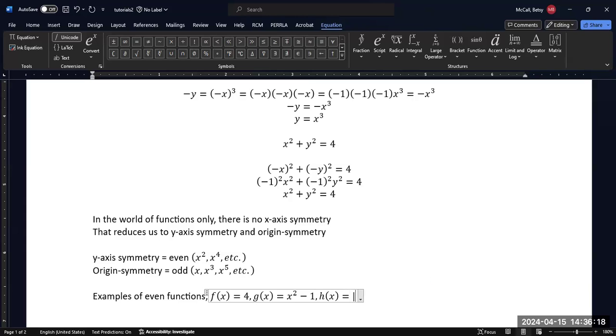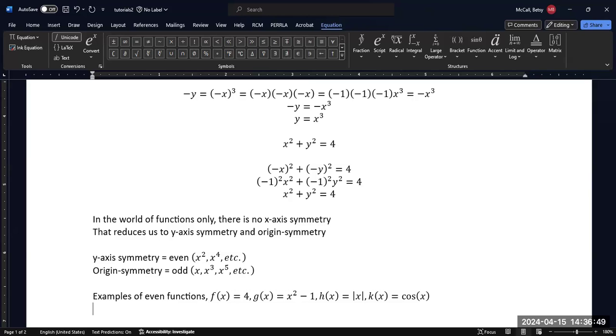Absolute values, as long as you're not shifting the absolute value away from the origin. If you're moving it up or down, you're good. If you're moving it side to side, that's going to break the symmetry. But those are all examples of even functions. Later on in trigonometry, we will see that cosine of x is also an even function.